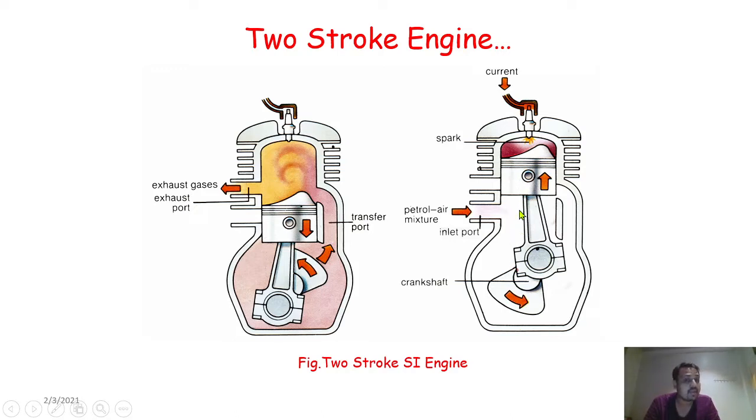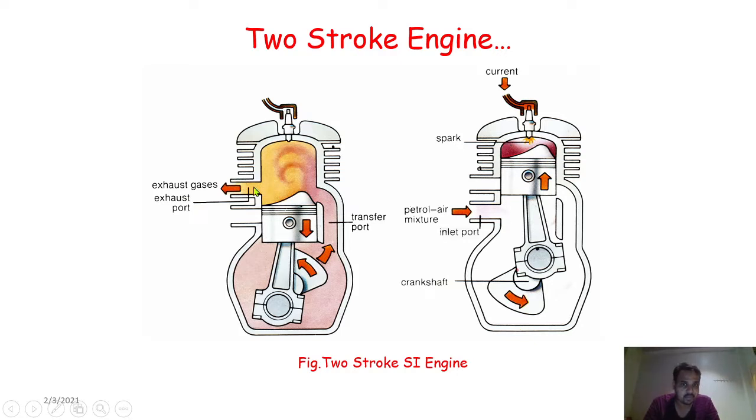In the four-stroke engine, the piston travels from TDC to BDC for the suction process. But in the two-stroke engine, the piston initially travels from bottom dead center to top dead center.